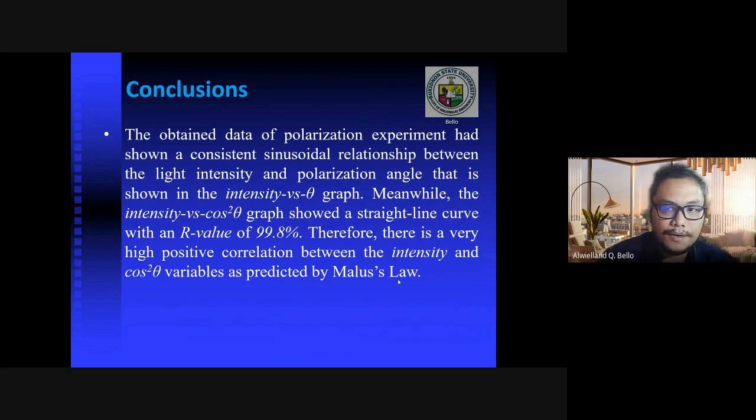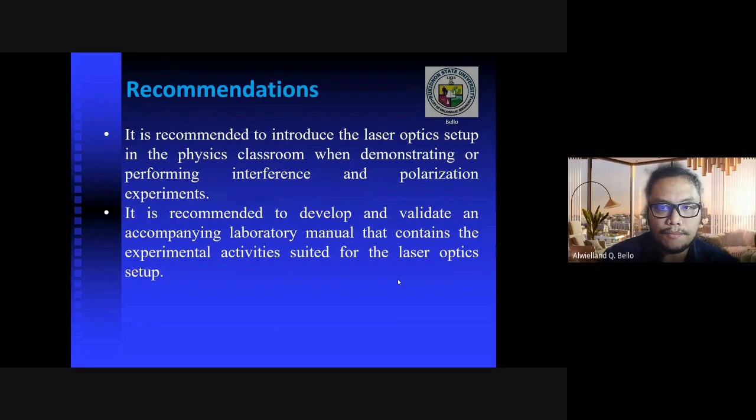Another one is for Malus law: there is a very high positive correlation between the intensity and cosine squared theta variables as predicted by Malus law. For some recommendation, it is recommended to develop and validate an accompanying manual containing the experiments suited for this setup.